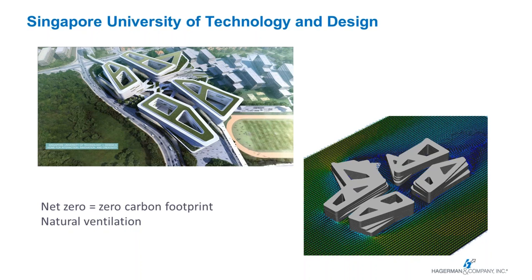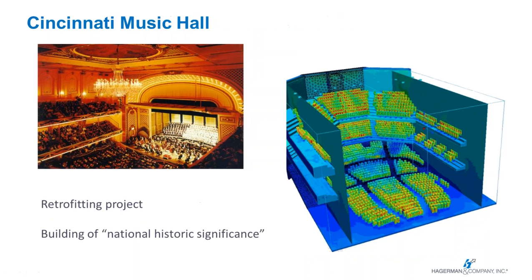We can see green on the building. And the predominant airflow, maybe the vectors don't come through too well in the GoToMeeting here, but the predominant airflow is in this direction. And the consulting firm played around with the shape of these buildings and the orientation of the building with respect to the predominant airflow to make sure that we could maximize the benefit of that airflow and contribute to helping with natural ventilation, and ultimately help contribute to the net zero mandate.